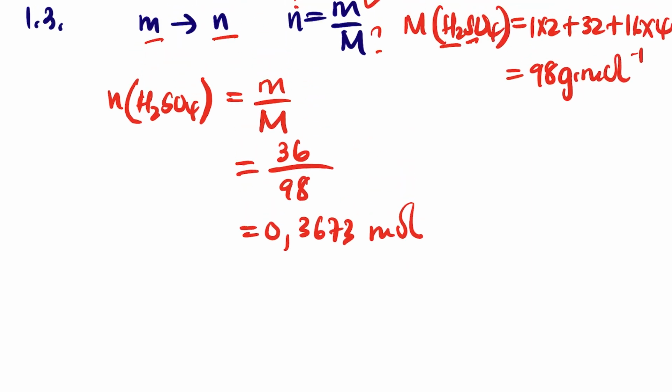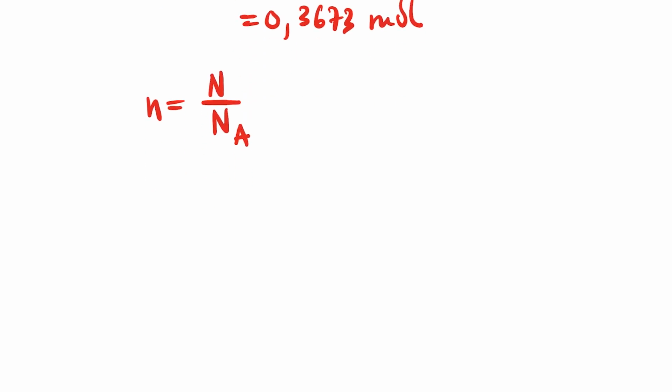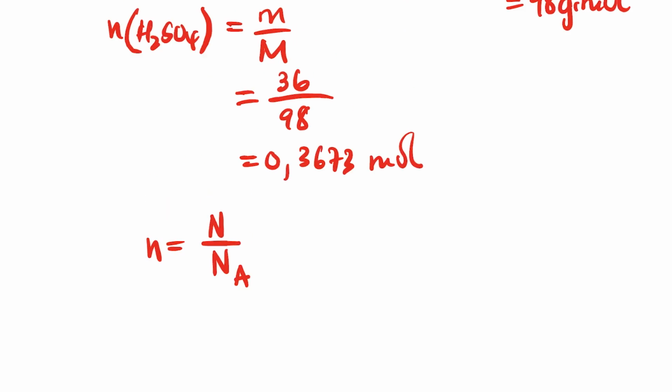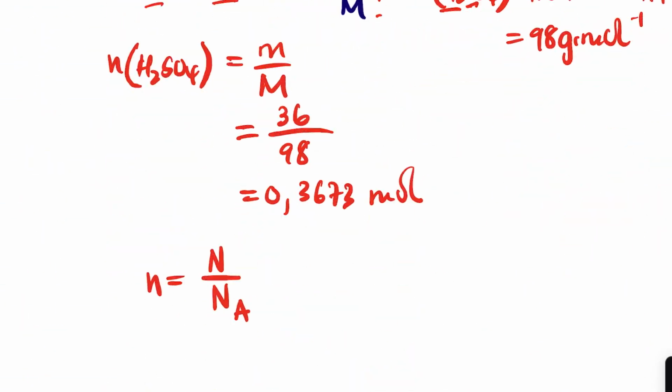Now that I have the number of moles, I'll go to the formula that says number of moles is equal to number of particles divided by the Avogadro's constant. I'm converting the number of moles into particles. Specifically, the particles here are atoms, right? So the number of moles 0.3673 is equal to the number of particles divided by the Avogadro.